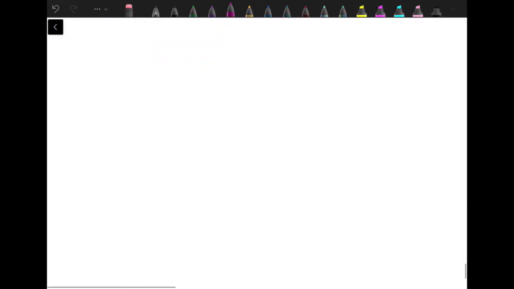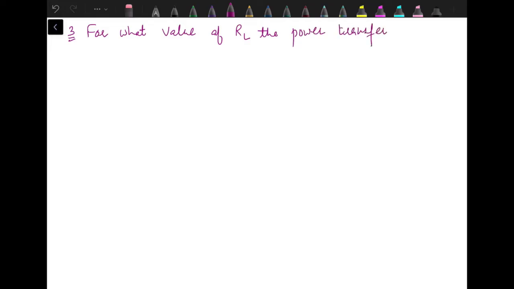So last problem is: for what value of RL is the power transfer maximum?